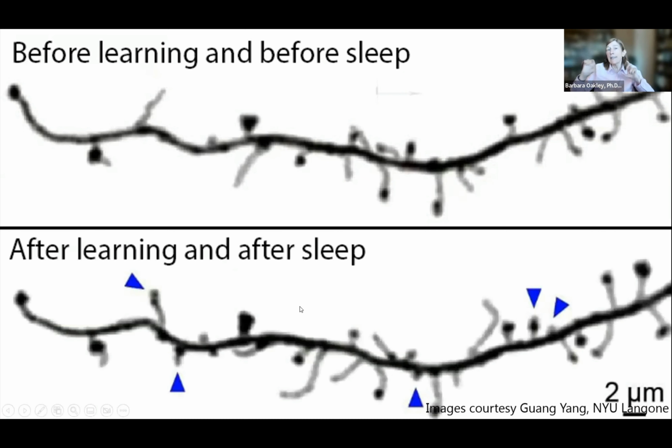And this is the same exact living neuron after learning and after sleep. And if you look here, look at these little blue triangles. There was no dendritic spine at all there before learning and before sleep. But after learning and after sleep, it started to make a connection.